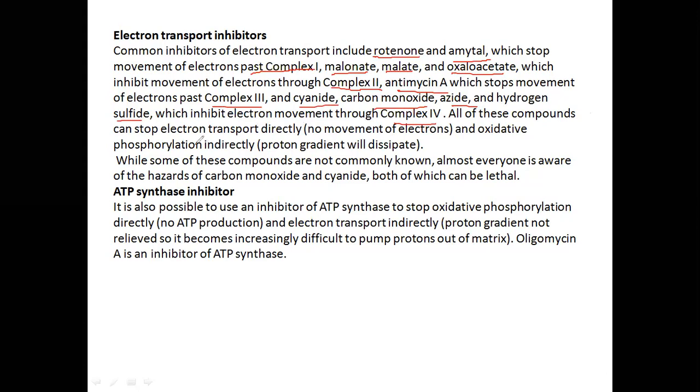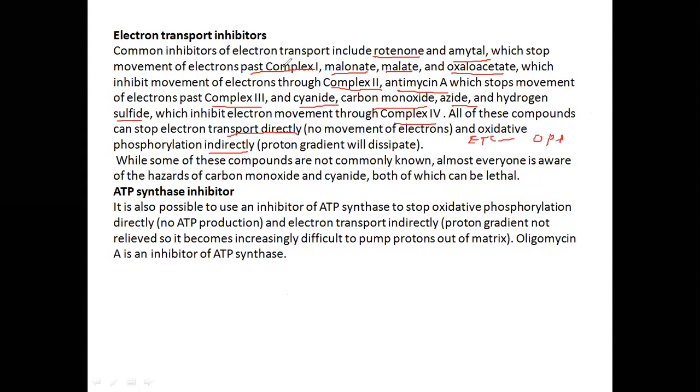All of these compounds can stop the electron transport directly, and also oxidative phosphorylation indirectly. If there is no ETC, there is no oxidative phosphorylation.